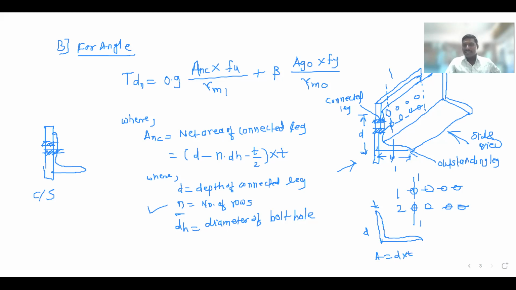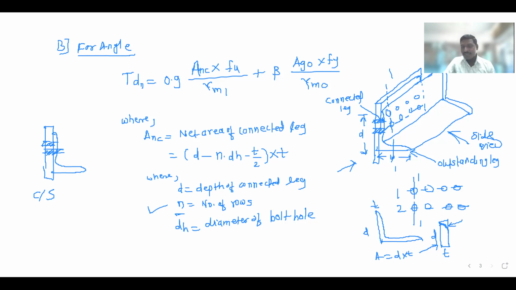The area of this leg would be D into T only if this plate or angle is a rectangle, but here the shape of the angle is like this.